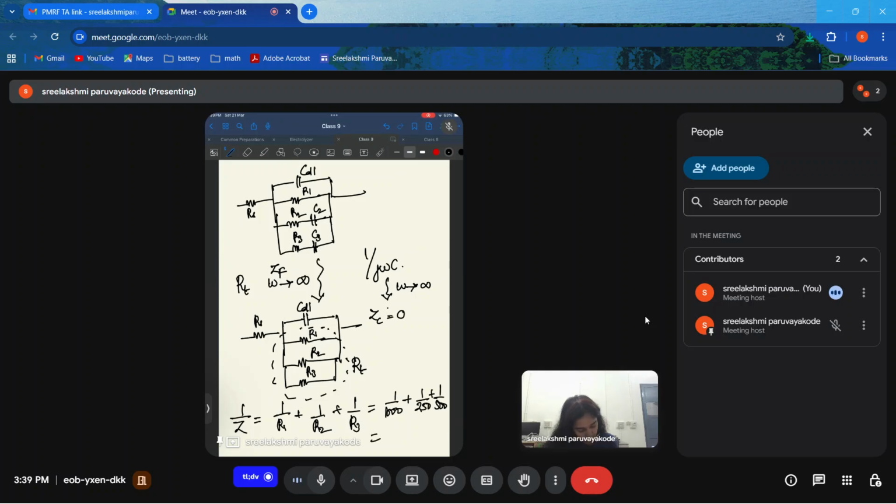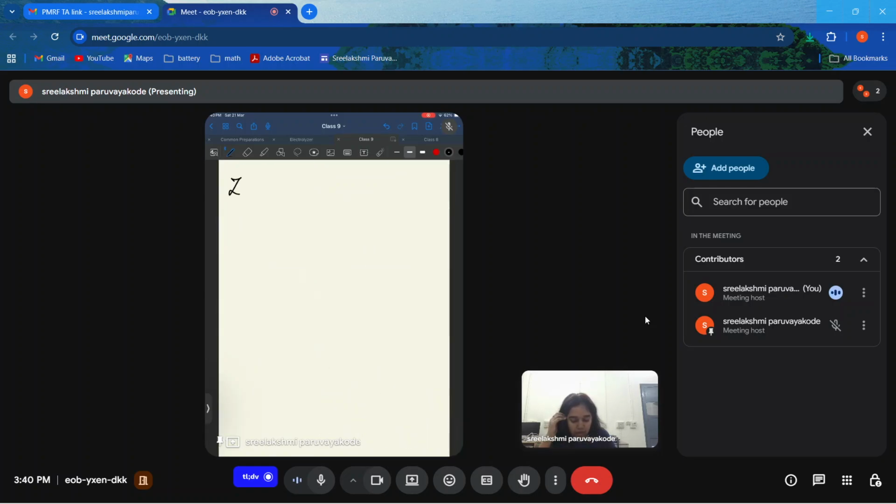So now if I do this, it becomes 1 plus 4 minus 2 over 2000. So this is actually 3 by 1000. And then the Z value becomes 1000 by 3 when omega tends to infinity.